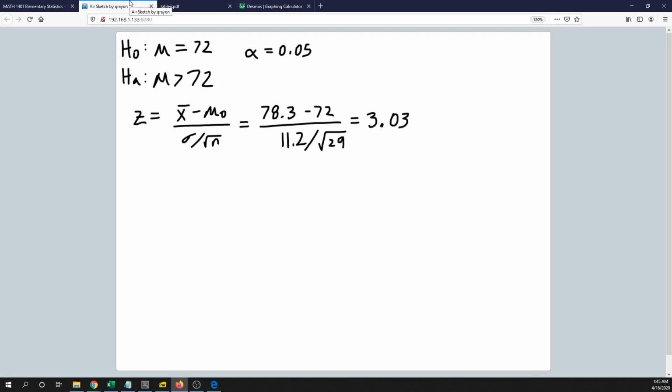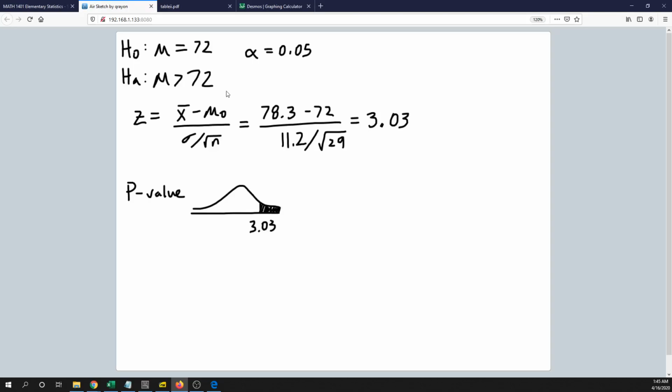Next up, we want to calculate our p-value. This is a right-tailed test, so the p-value is the area to the right of 3.03 under the standard normal curve right here.